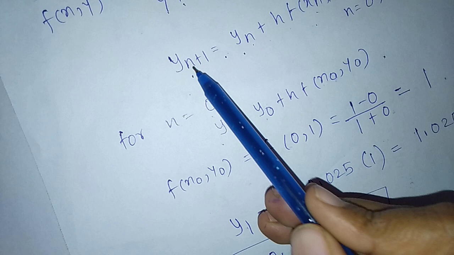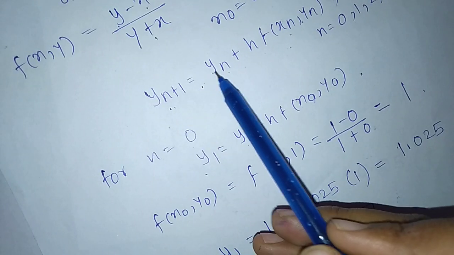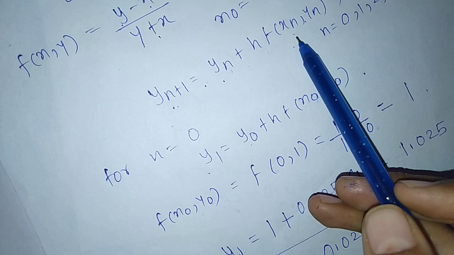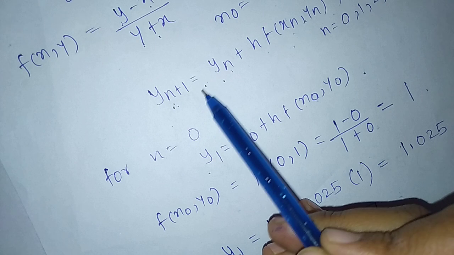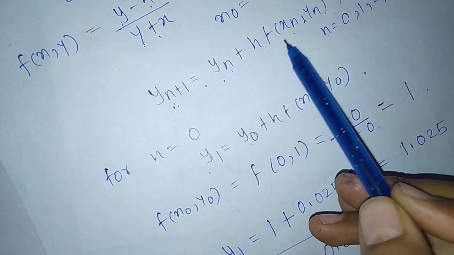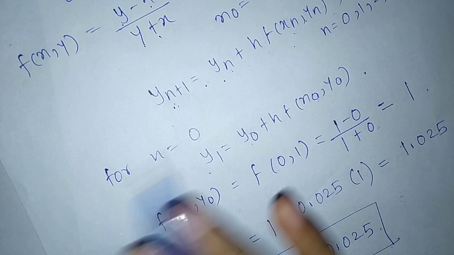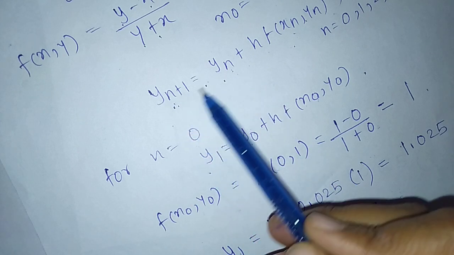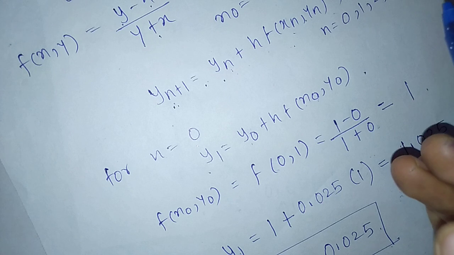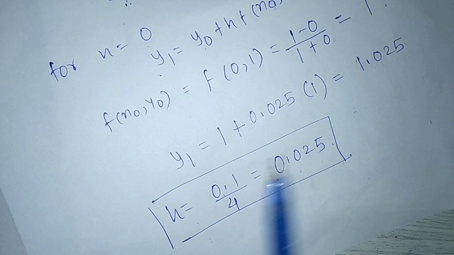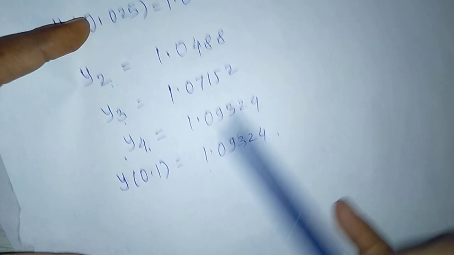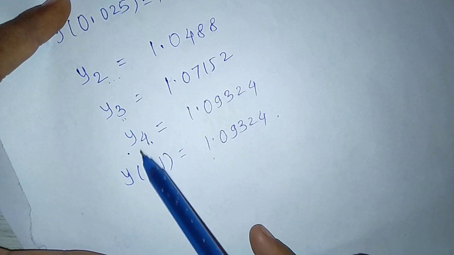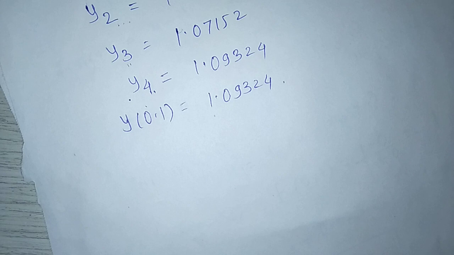Now for y2, put n equal to 1, y2 equal to y1 plus h f of x1 y1, and for y3, put n equal to 2, y3 equal to y2 plus h f of x2 y2, and for y4, put n equal to 3, y4 equal to y3 plus h into f of x3 y3, and h is 0.025. This is your exercise to calculate y2, y3, y4. Here we stop.